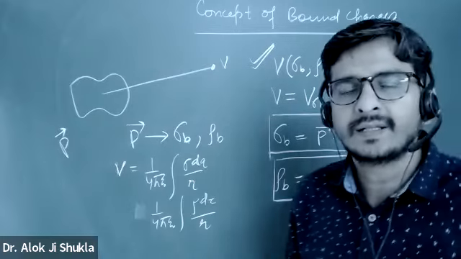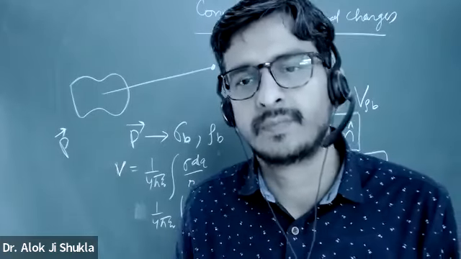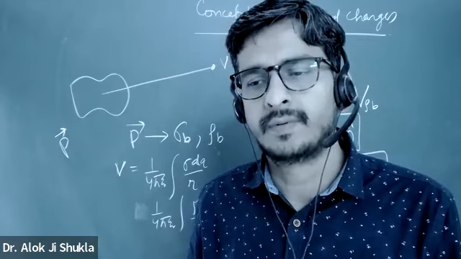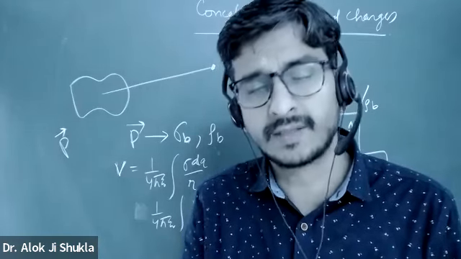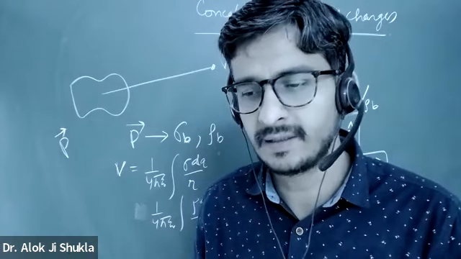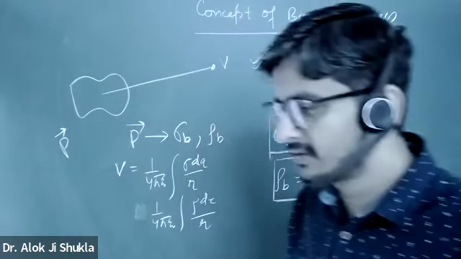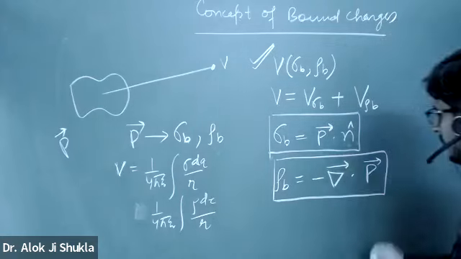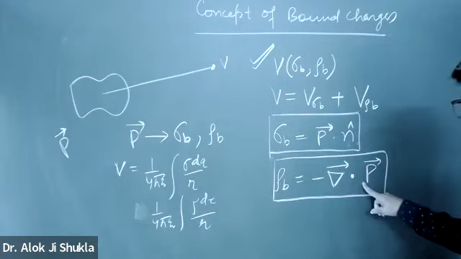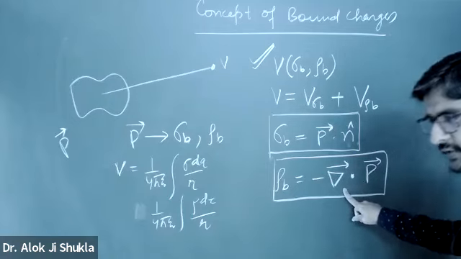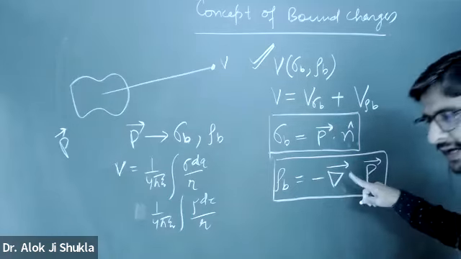You have written that, right? I told you to write it in one page. Yes, sir. So from here you can see you must know to calculate the divergence in Cartesian, spherical polar and cylindrical.